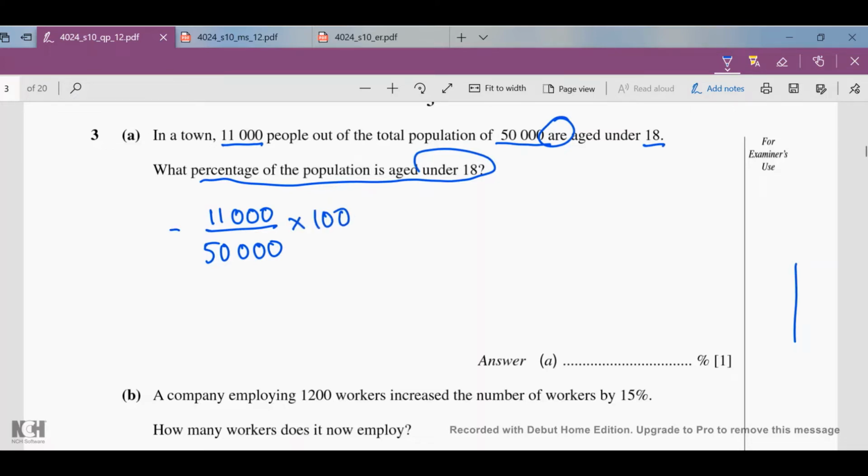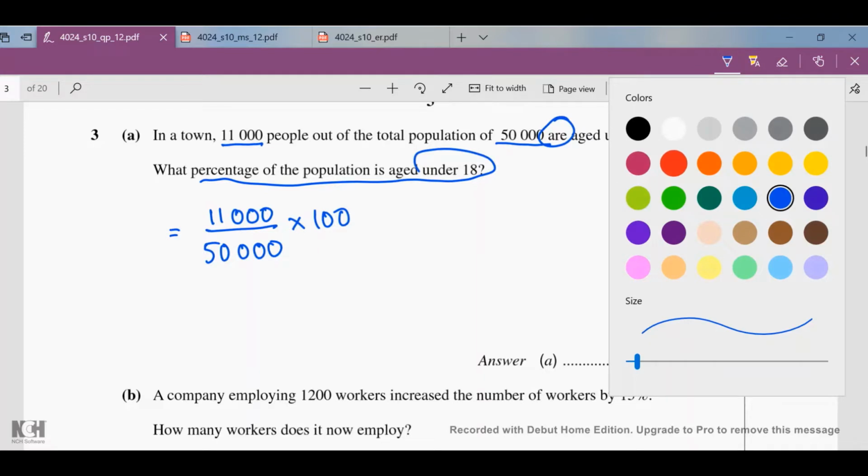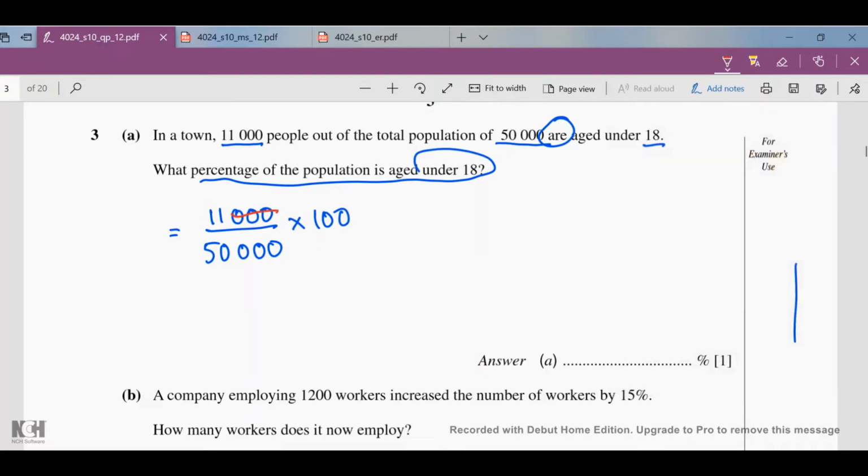This is the normal way to find the percentage. The zeros cancel, 5 times 1 and 5 times 2, and 2 times 11 is 22. So your answer is 22. That's it.